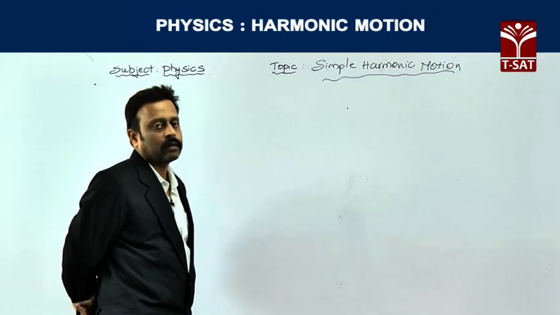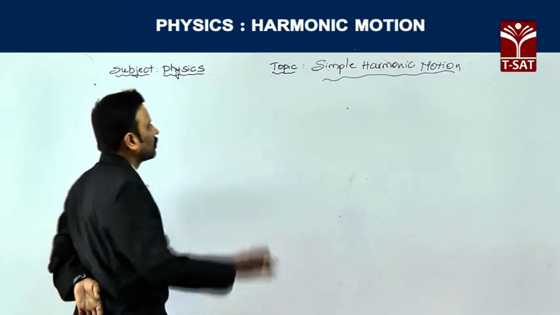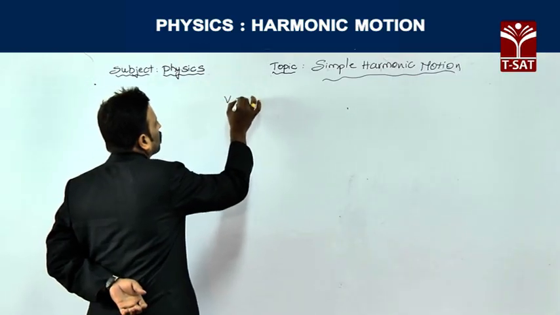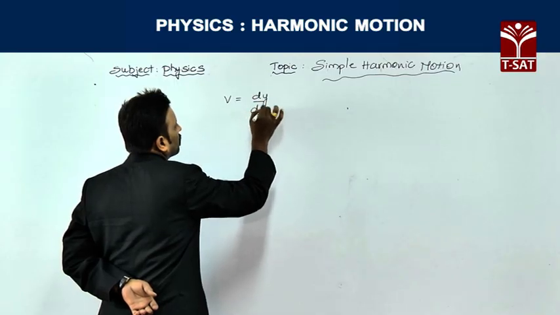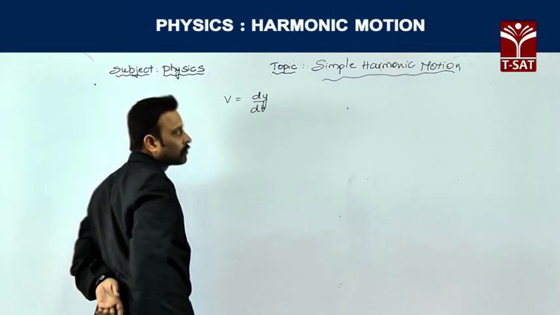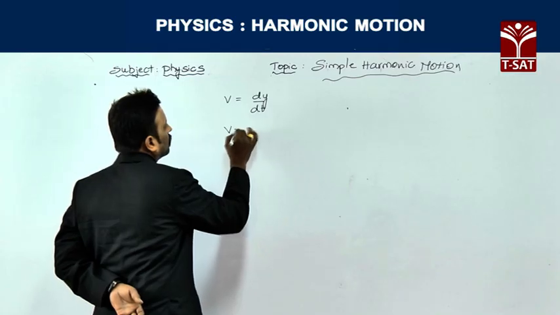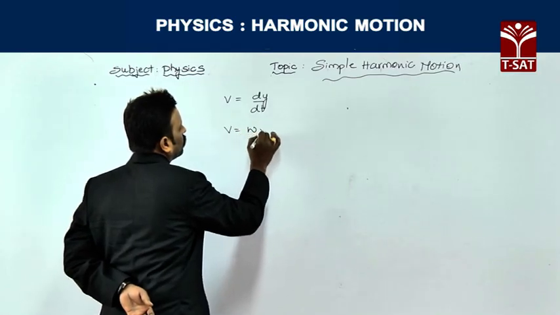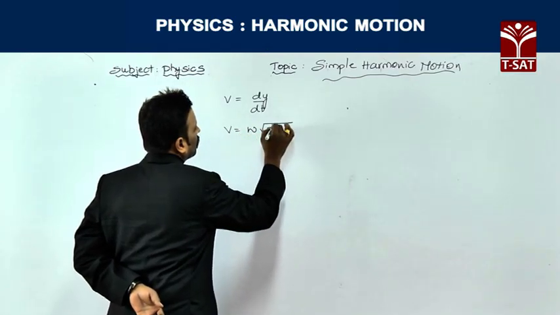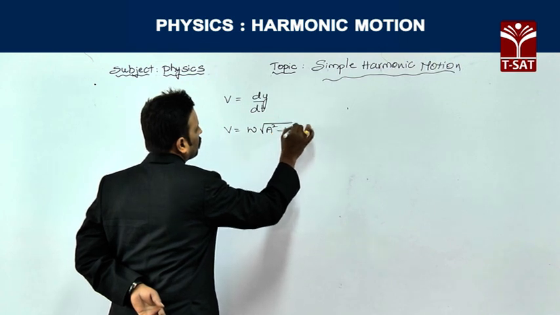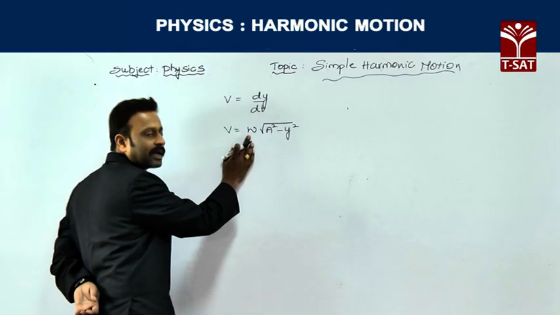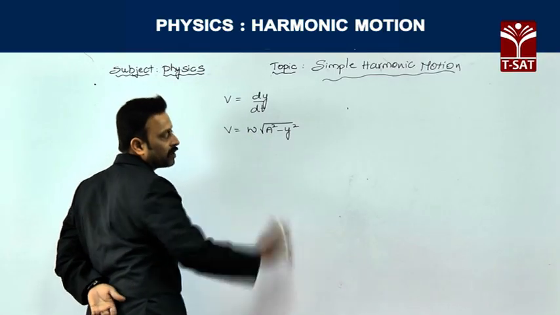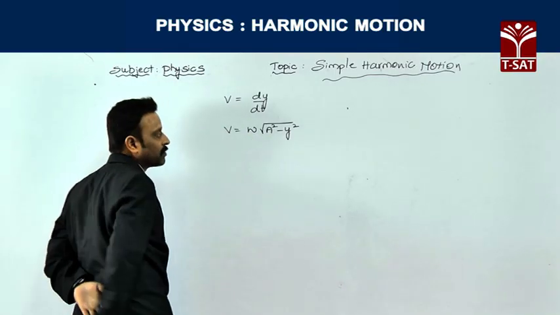Now, we shall get the formula for velocity. You know, velocity is obtained by differentiating distance with respect to time. So v is equal to, the formula for velocity is omega root a square minus y square. Here omega is angular velocity, a is amplitude and y is displacement.